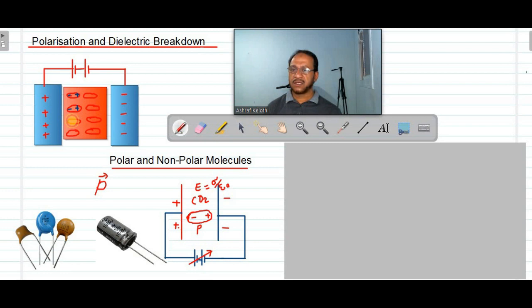So like this the molecules will get elongated and all the molecules will have a dipole moment. Induced dipole moments are developed inside the dielectric slab. What is the total dipole moment developed per unit volume of this?